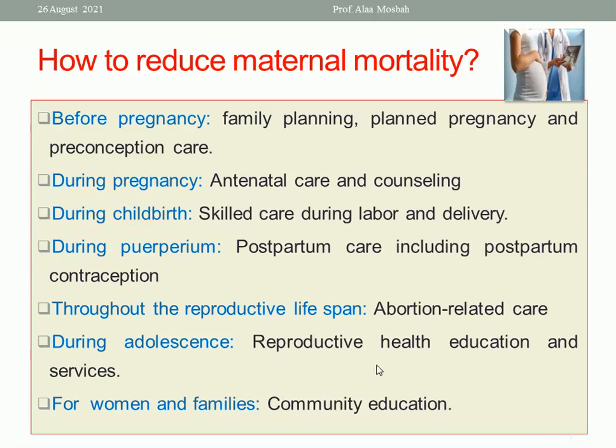Communication and community education are important, and raising the awareness of women about her health.